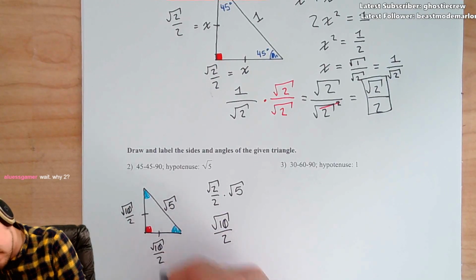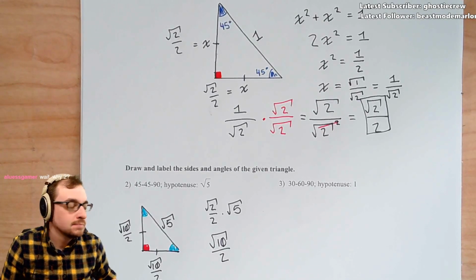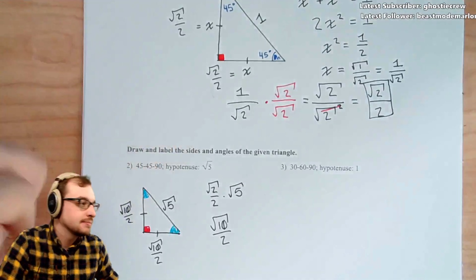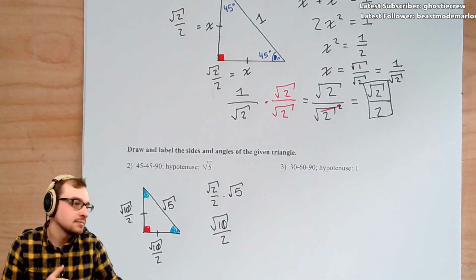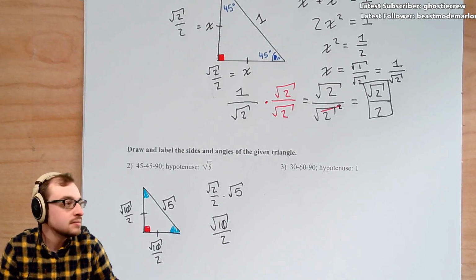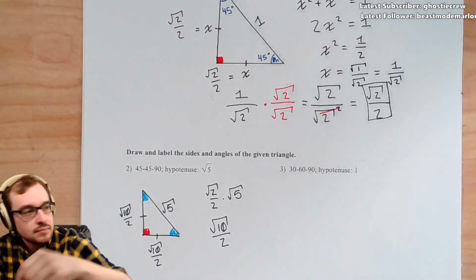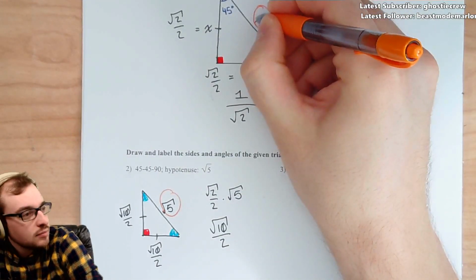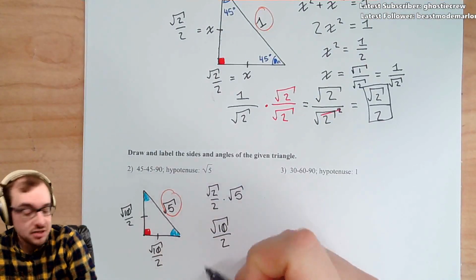Why 2, Alex? So I've got you up to here, right? That this is root 2 over 2, and this is 1. To get from 1, which is our base triangle, to a bigger triangle that has root 5, it's the same kind of triangle.